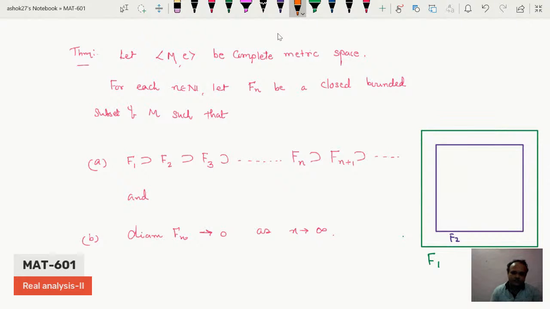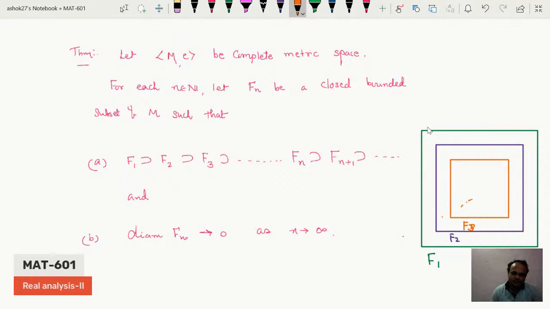Next F3 is contained in F2, and likewise this process continues. This is a family of closed bounded subsets of M. And what is the diameter of Fn?